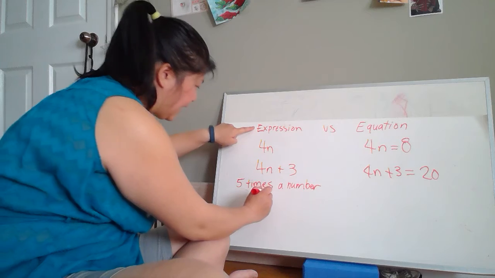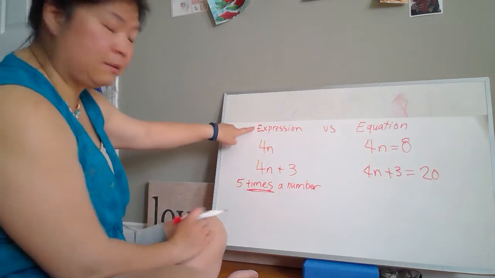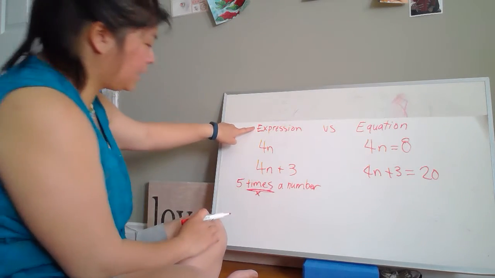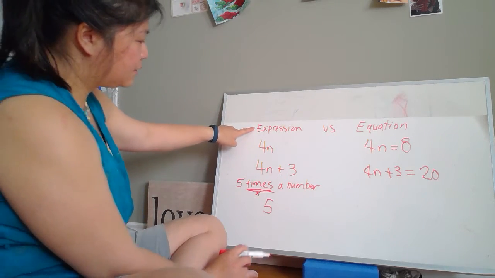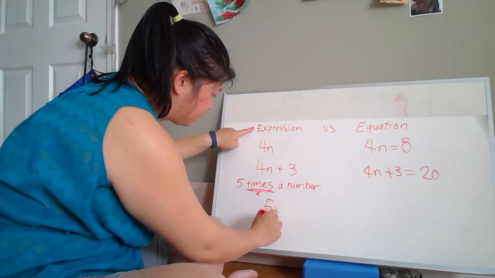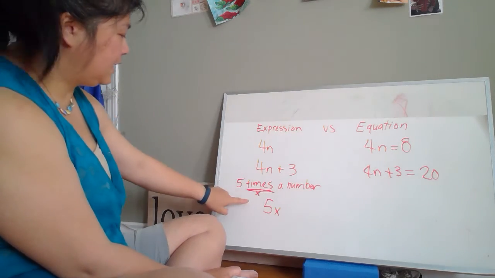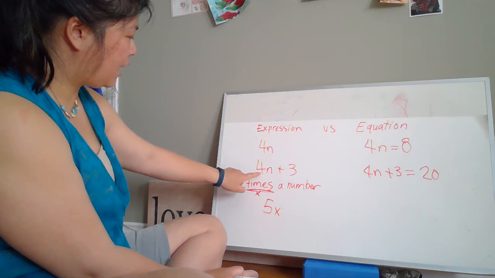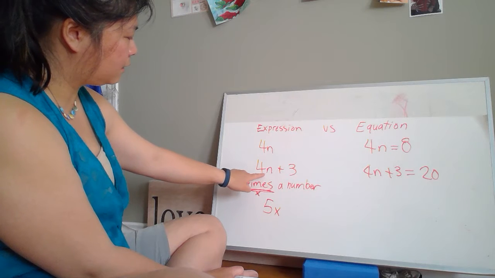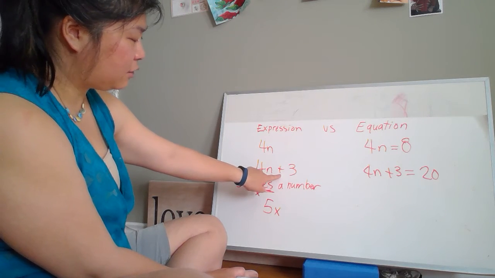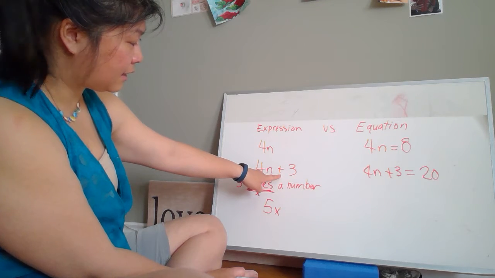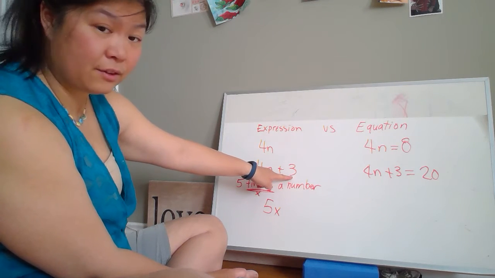Times means multiply. So 5 times the number can be represented as 5x. When you have a number and a letter together, it means to multiply each other. When you use the addition symbol, that means to add 3.